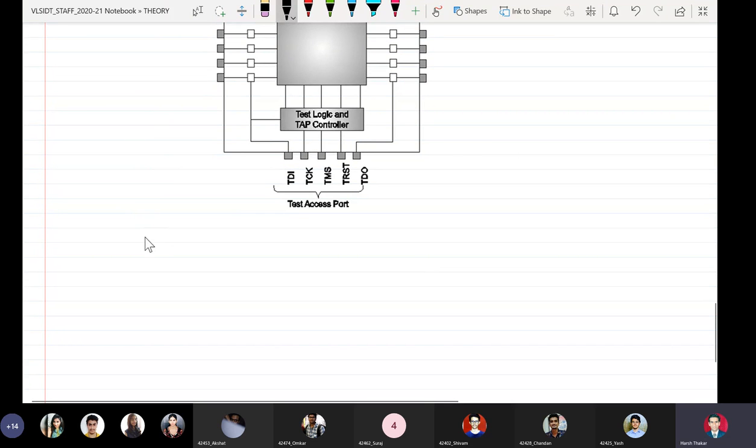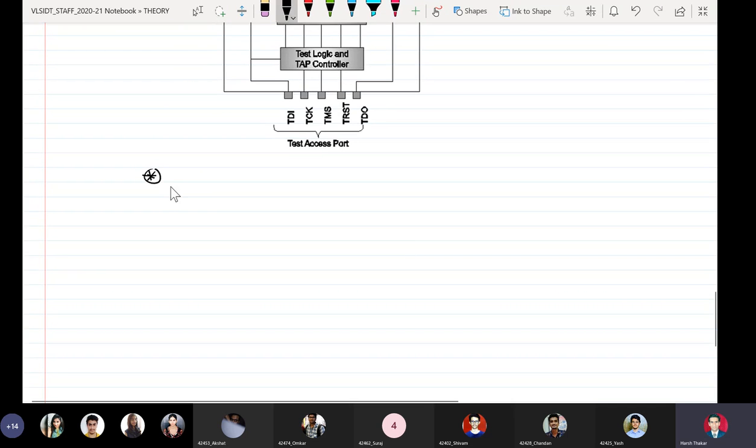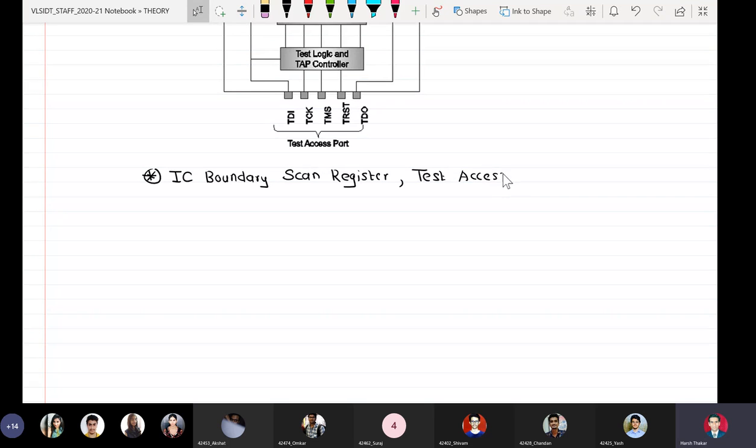So the diagram which we are seeing here, we can give the title to this figure as IC boundary scan register and test access port, TAP.